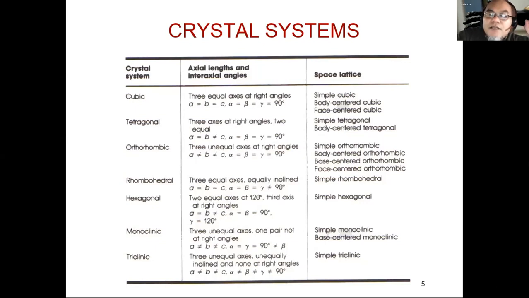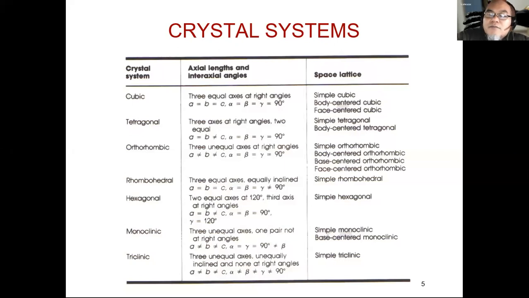Then for tetragonal, we have two space lattices: simple tetragonal, where atoms only fill the corners of the tetragonal space, and body center tetragonal, which adds the center of the tetragonal structure.